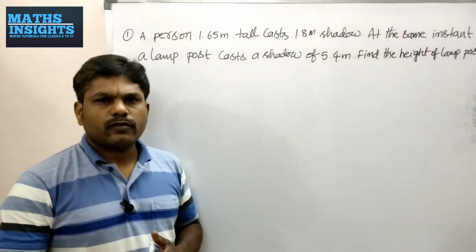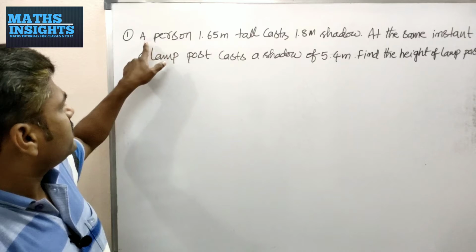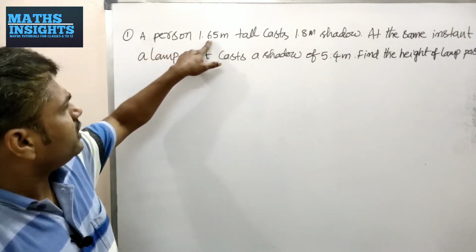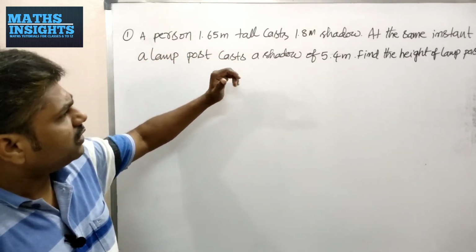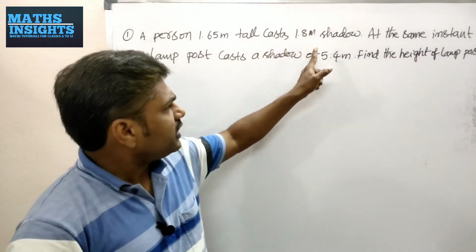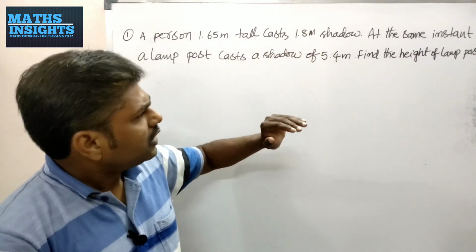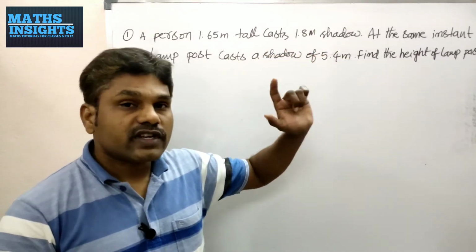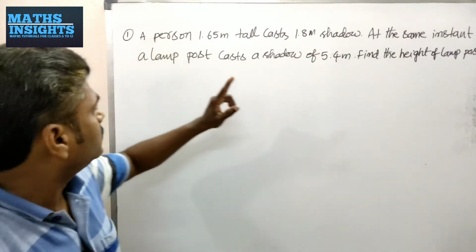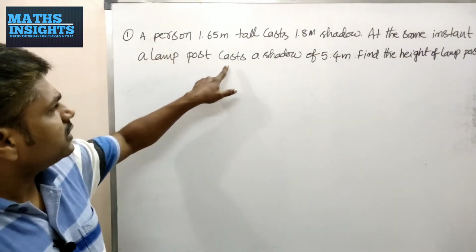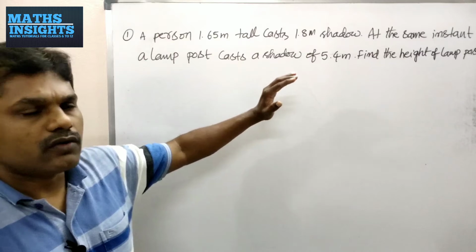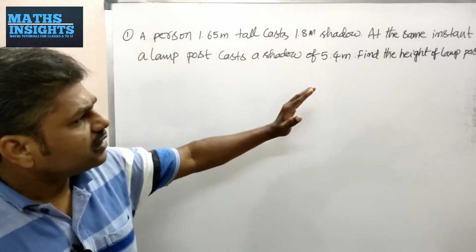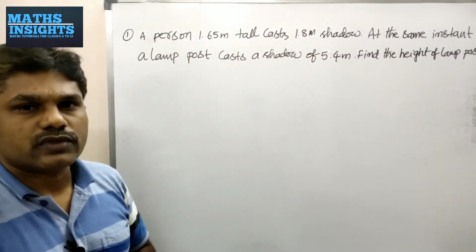This is the first problem. The problem says that a person 1.65 meters tall casts a 1.8 meter shadow. At the same instant, this is very important, at the same time, a lamp post casts a shadow of 5.4 meters. Find the height of the lamp post.